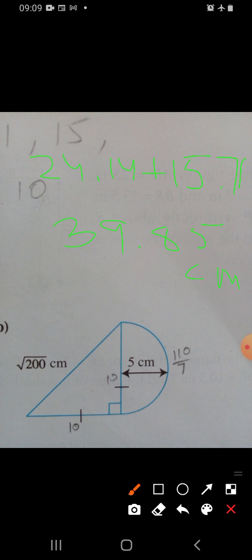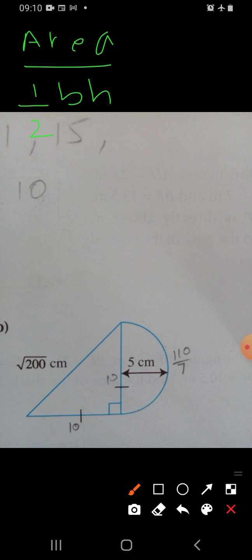The formula for the area of a triangle is 1/2 base into height. Plus the area of the semicircle, which is pi r squared upon 2. Again I am repeating, because it is a semicircle, we divide the area by 2. So we'll put in the values and get the answer.